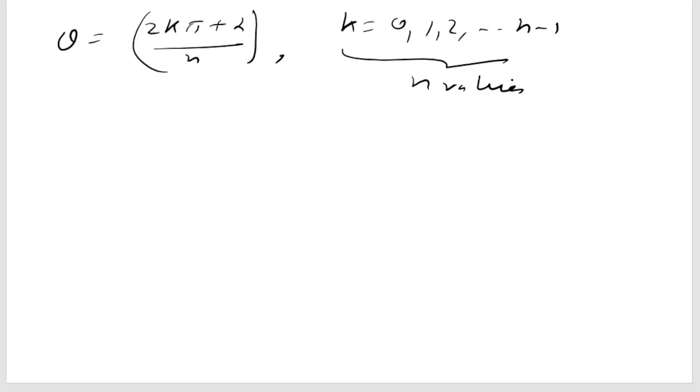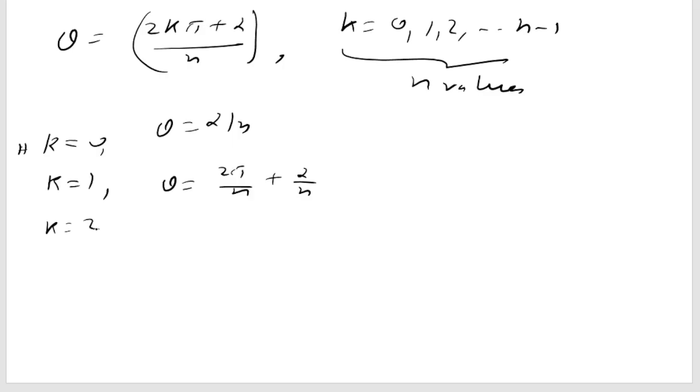So this is how we find the nth root of unity. We can check it. When k is equal to 0, theta is alpha by n. When k is equal to 1, theta is 2 pi by n plus alpha by n.